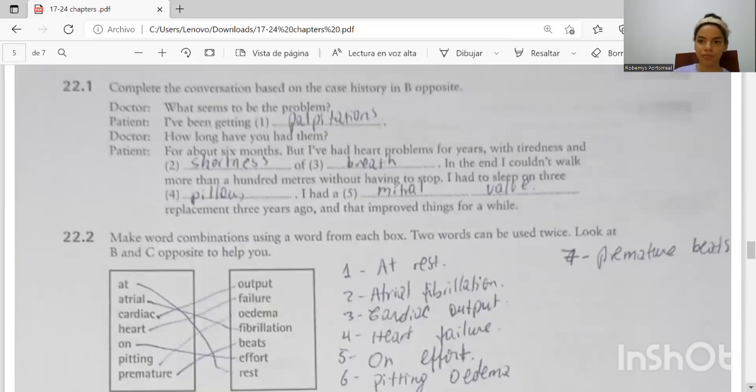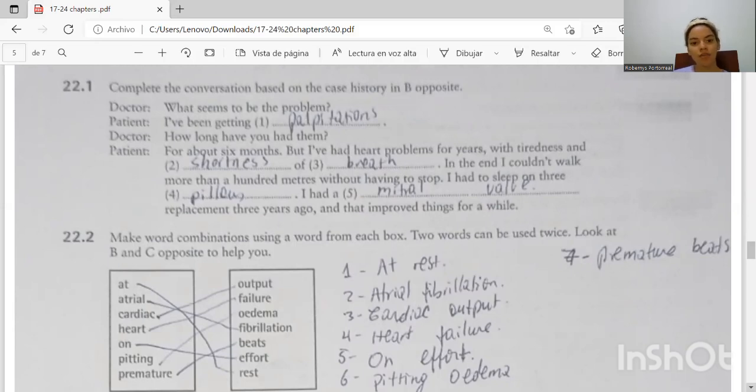Chapter 22. The topic of chapter 22 is the heart and circulation 1. Exercise 22.1. Complete the conversation based on the case story in B opposite. Doctor: what seems to be the problem? Patient: I've been getting palpitations.